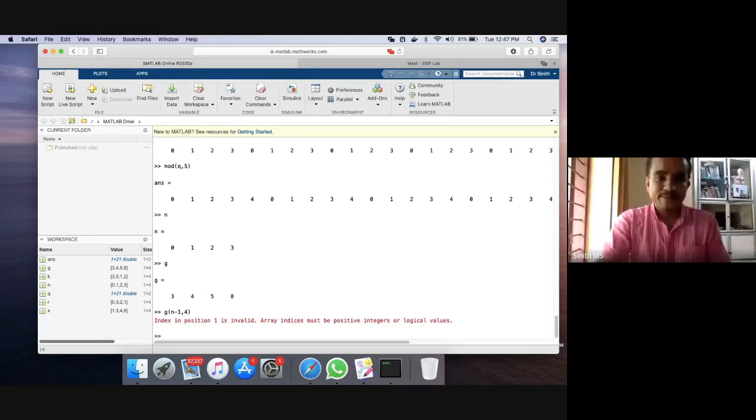There is one error. Index in position 1 is invalid, because g of n minus 1 means that n is taking the 0 value, so it shouldn't have 0 value.